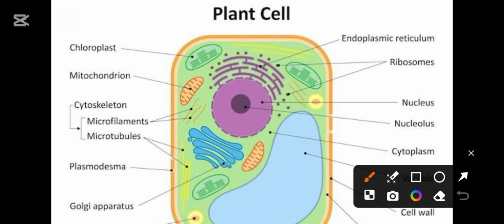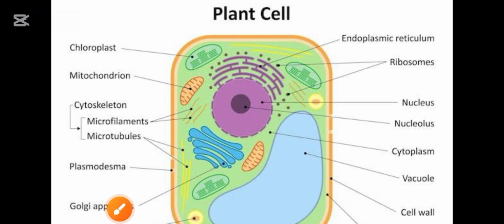That fluid part of the cell is called the cytosol, while organelles are the mitochondria, chloroplasts, cytoskeleton, Golgi apparatus, and the rest. They perform specific functions. So cytoplasm is everything found inside the cell membrane.